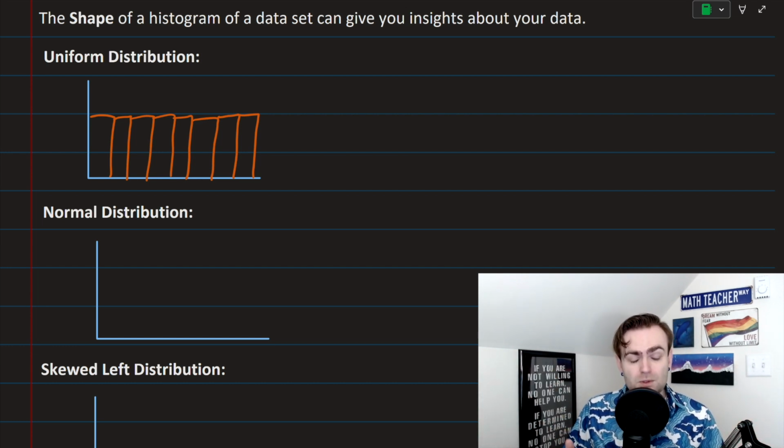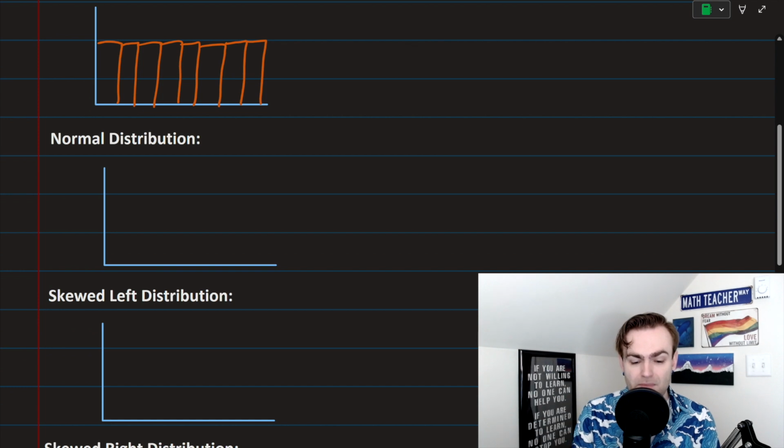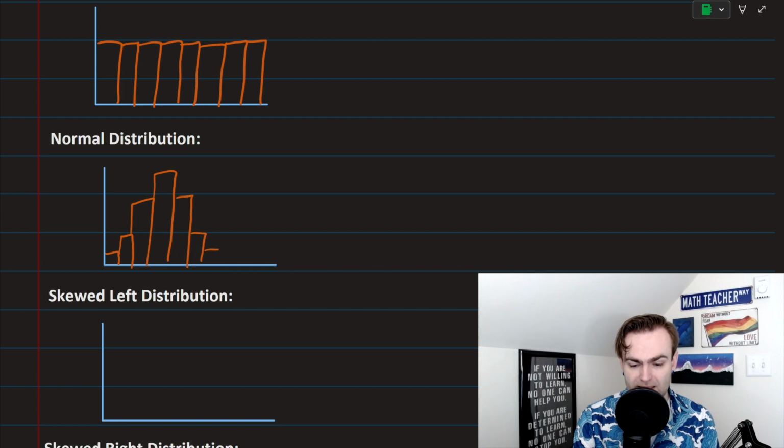A normal distribution is more in line with something that you're more often going to see. It is your nice bell curve. So we have a little bit more, so on and so forth, and then it goes back down. You'll see a bell shape in your data.